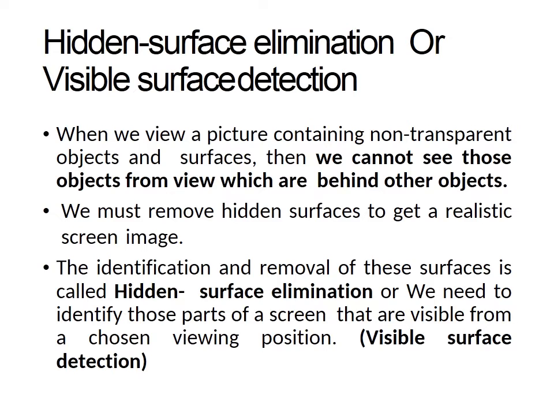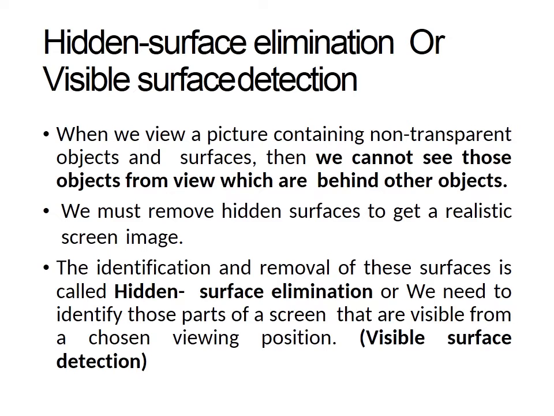So we cannot have a very clear perception of the figures, because there are certain lines and areas behind the scene. In order to fulfill that condition, we must remove hidden surfaces to get a realistic screen image. The identification and removal of these surfaces is called hidden surface elimination.